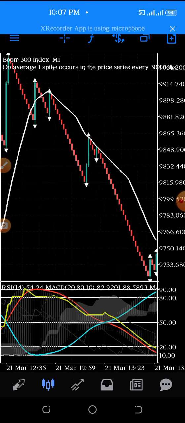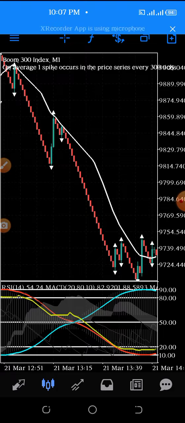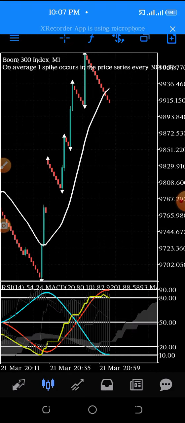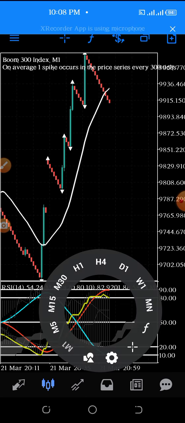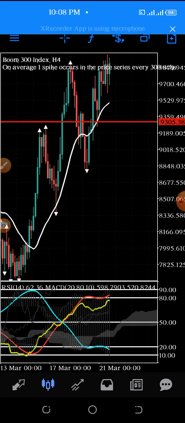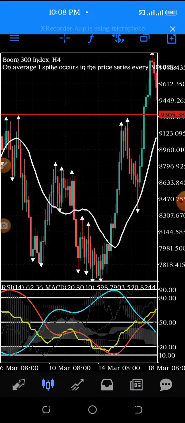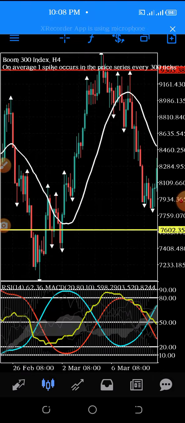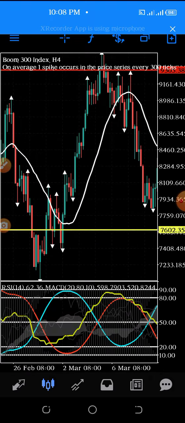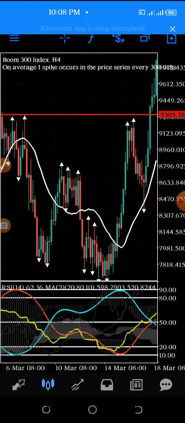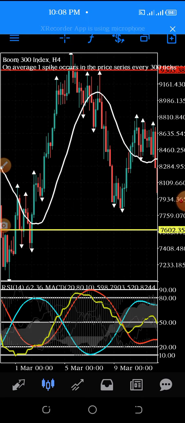So, support. Before the definition, let's go to H4, that is a 4 hours time frame. If you watch on this chart now, you can see a red line up and a yellow line down.